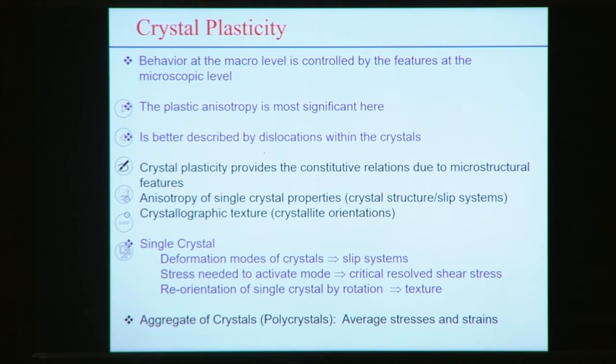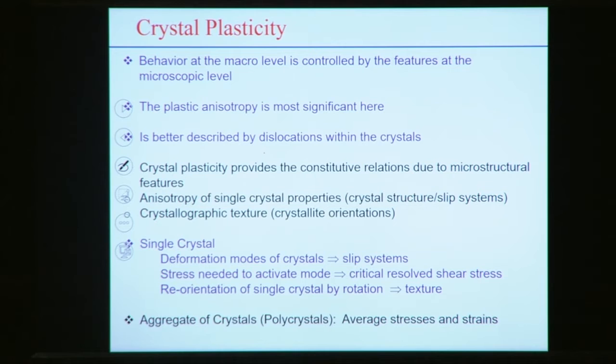But now we'll try to focus on the deformation behavior at the microscopic level. The most important thing is that plastic deformation also happens in a single crystal structure, but here the deformation is a little bit different as compared to the macroscopic level.